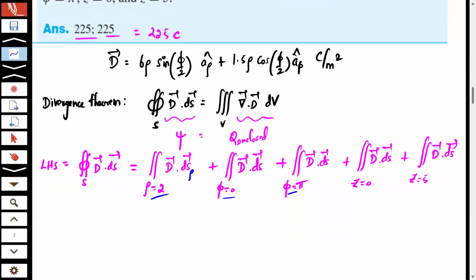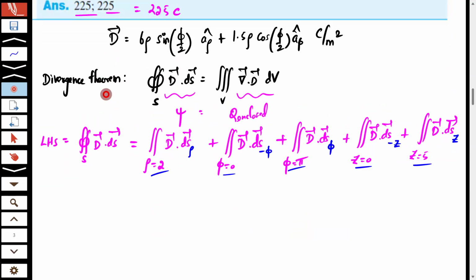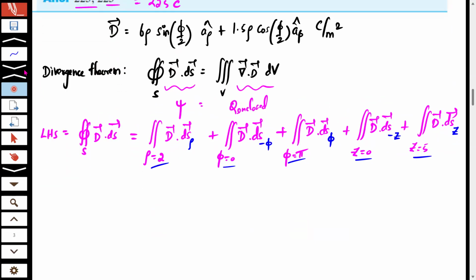Out of phi 0 and phi pi, the smaller value will be the negative direction and the larger value will be the positive direction. And out of z 0 and z 5, the smaller value will be the negative z direction and the larger value will be the positive z direction. Now let us find the dot products of D dot dS on each of the sides and do the integration to get the left-hand side. So let us evaluate the left-hand side first with the given vector D.